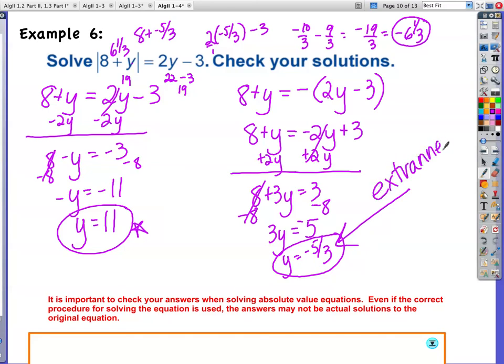I think that's with 2 N's. So this is why it is so super duper important to check. This looks like it's going to work. It seemed like even the same number came out, but this one's positive, this one's negative. It does not work. So sometimes in absolute value equations, we're going to get these 2 answers, and one of them will not work. It's just like a cruel math joke to play on you.